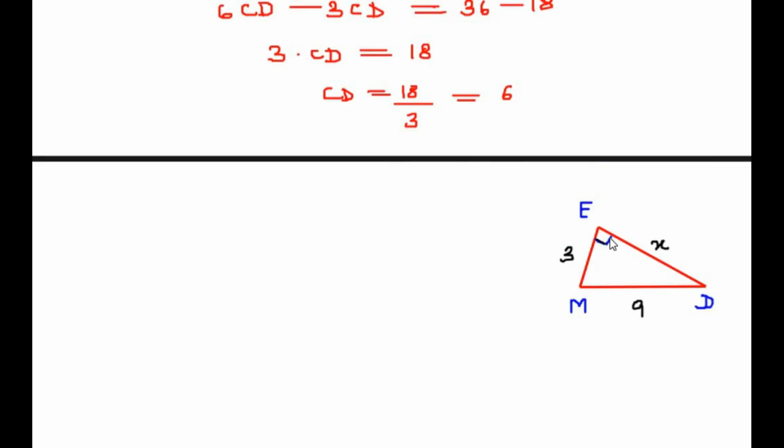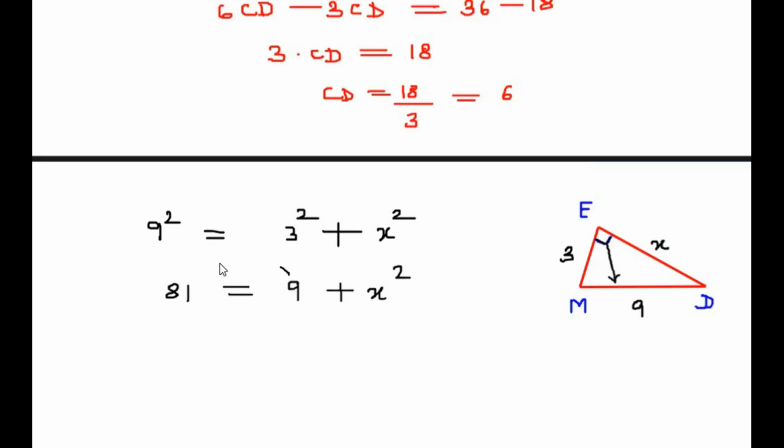Since this is 90 degrees, the side opposite to it is always going to be the hypotenuse. And using the Pythagoras theorem, we know that the hypotenuse square is equal to the sum of the squares of the other two sides. So here we have 3 square, that is EM square, plus X square, which is ED square. So 9 square is 81, equal to 3 square is 9 plus X square.